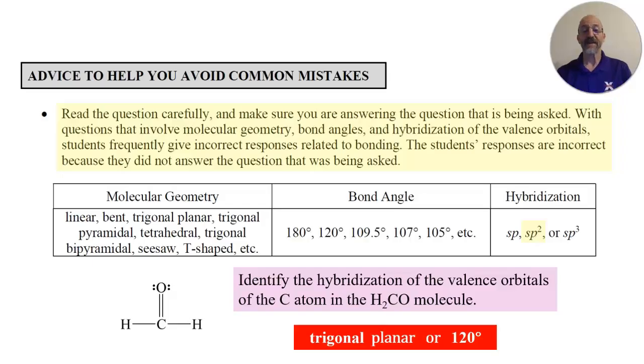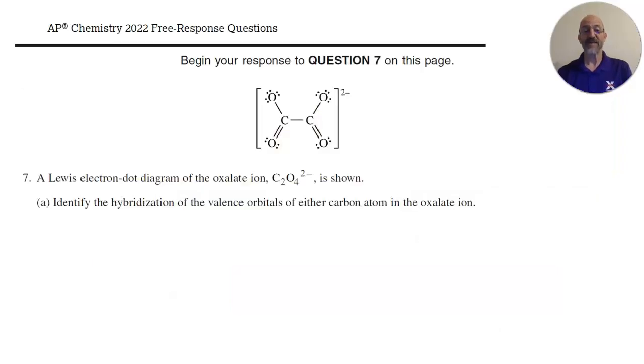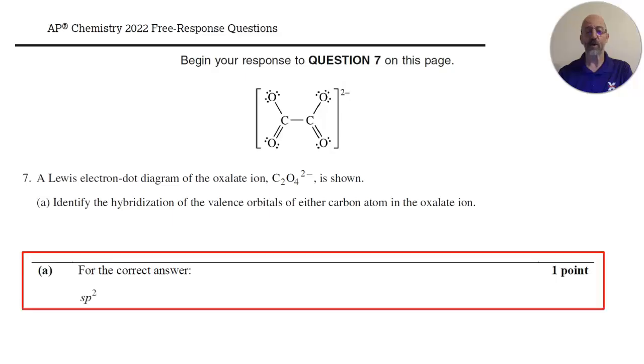All right, before I give you the next piece of advice, I will show you a specific example of what I just mentioned. This is from the 2022 free response question number 7. There is a Lewis electron dot diagram, and the intended answer for the hybridization of the valence orbitals of either carbon atom on this polyatomic ion would be sp2, based on 3 electron domains around that central carbon atom.